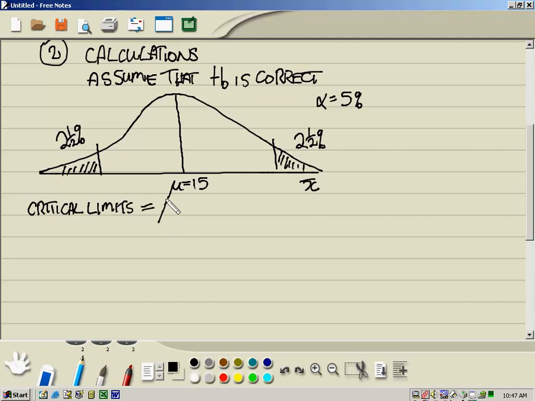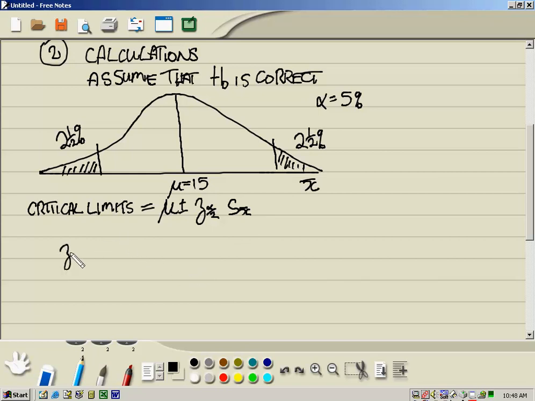The critical limits are calculated with this formula: mu plus and minus z value, in general with half of alpha in each tail, times the standard deviation, or really the estimated standard deviation of this probability distribution, S sub x bar.